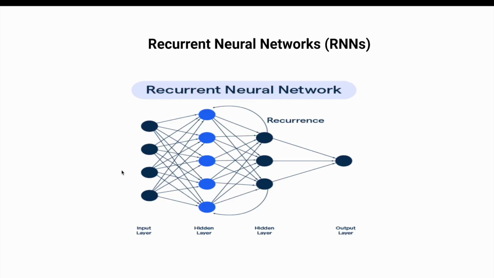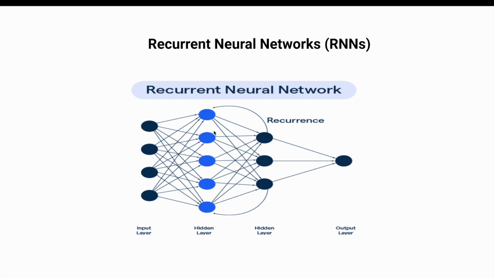And just a basic example of a recurrent neural network. You can see it's like this, and we have an input layer here, then we have one hidden layer, then we have another hidden layer, then we have an output layer.